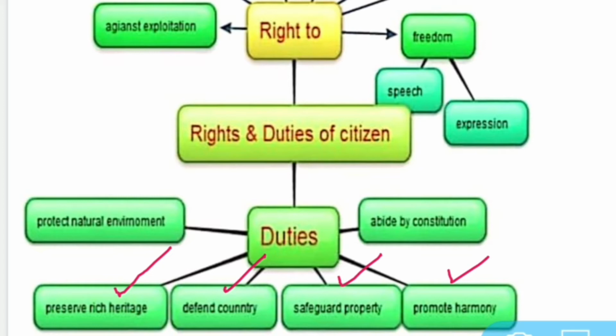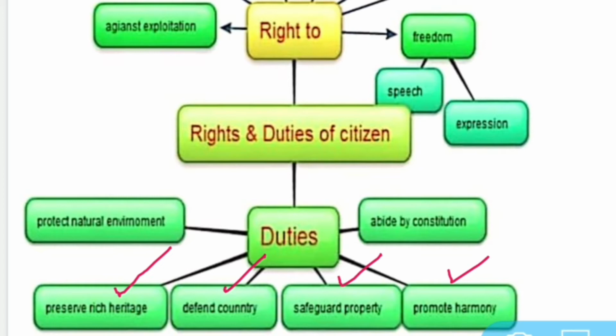So we have seen that rights and duties are related to each other. They are two sides of the same coin. Government and society have laid down various rights for the prosperity of citizens, so they also expect that the citizens should perform their duties towards it.